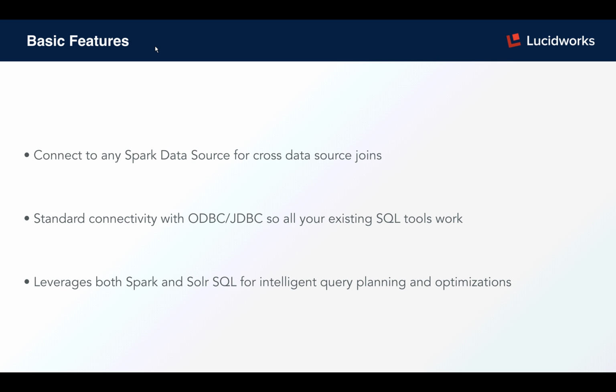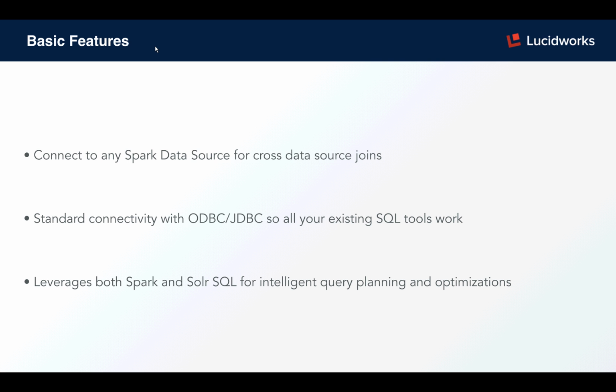And most importantly, we wanted to make sure we were really smart about how we did these things. And so we've done a lot of work to make sure that we push down questions to Solr where it makes sense, or that we do calculations in Spark where it makes sense. And so there's been a lot of work around intelligent query planning, if you will, saying, hey, I don't want to move this data out of Solr.